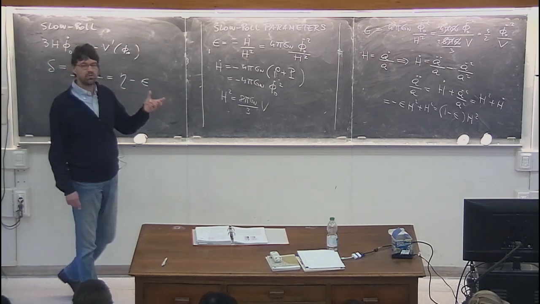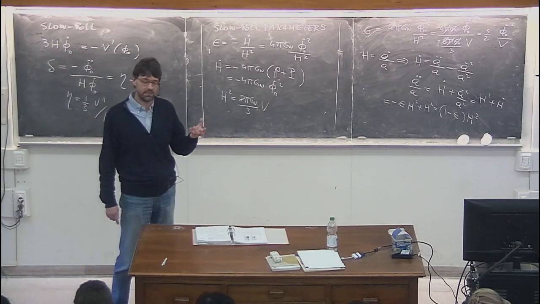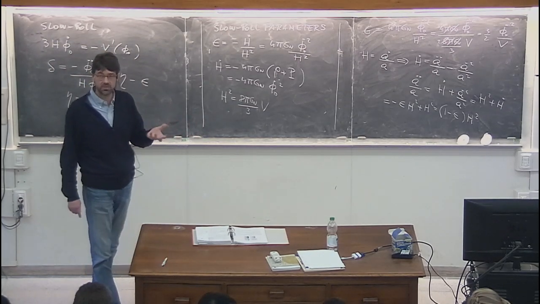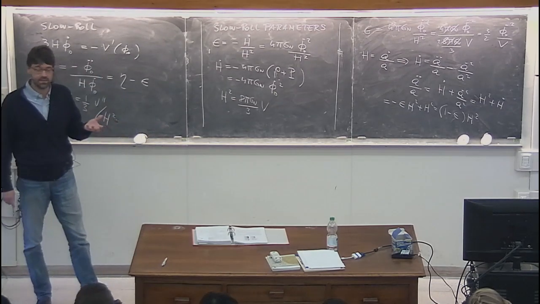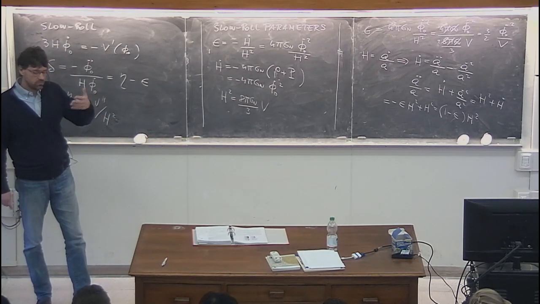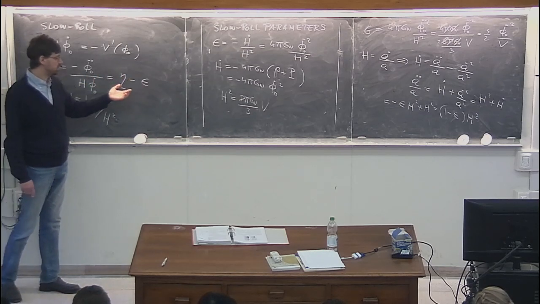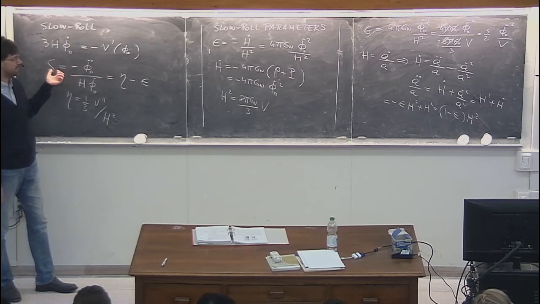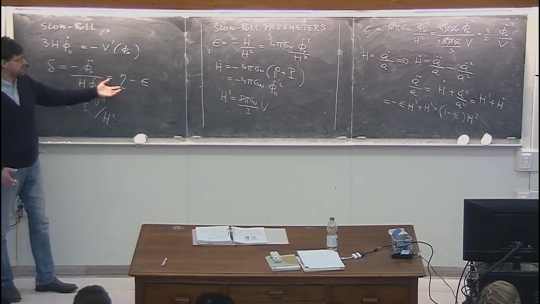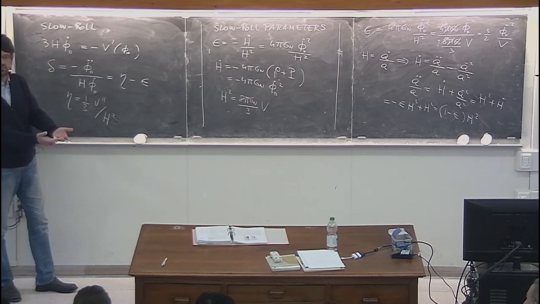So you start already seeing the logic. You pick a model of inflation you like. What does it mean? Basically, to pick a potential, V of phi. You do all your computations. You compute this parameter epsilon, you compute this parameter eta, and therefore delta, and so on. Those you can compute by hand, given your model. And once you have computed them, you can relate them to observables.